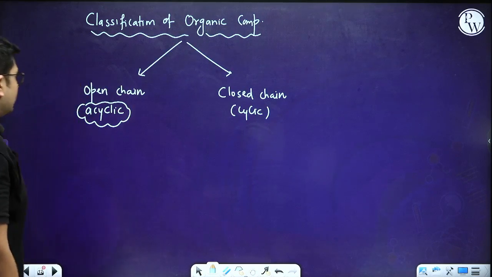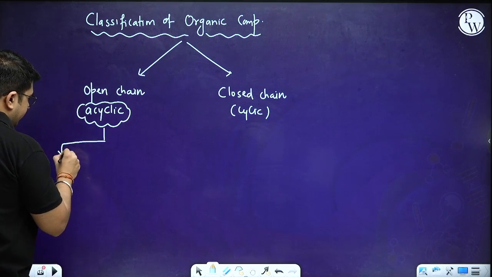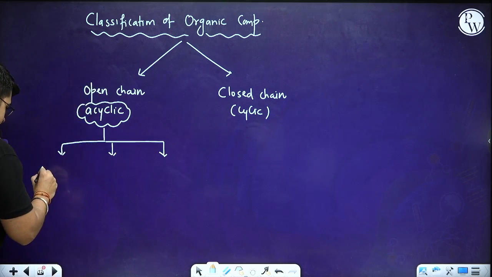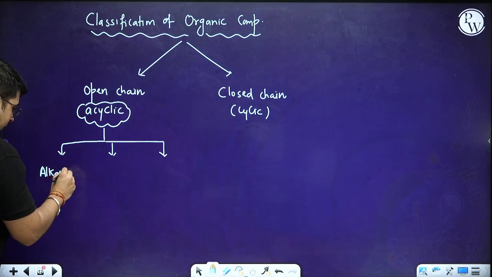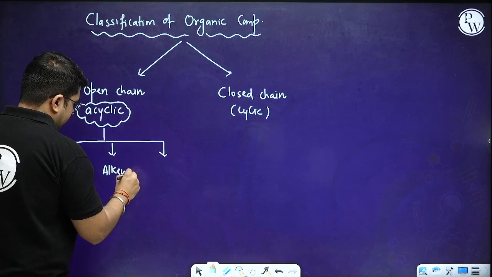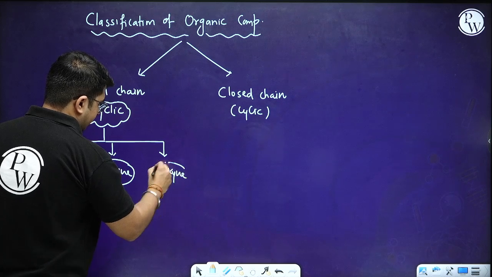Now in this particular case of open chain, you have three different categories. First one is known as alkane, next one is known as alkene, and last one is known as alkyne.